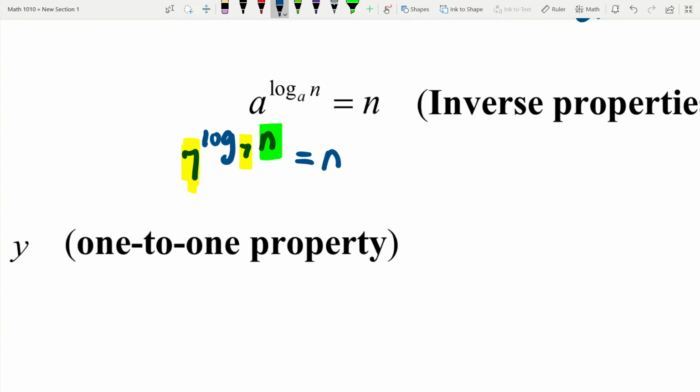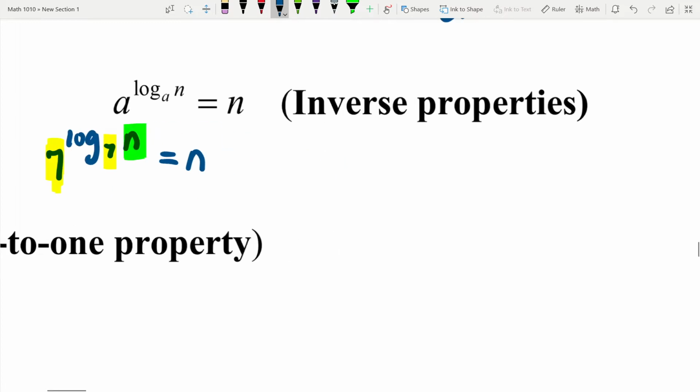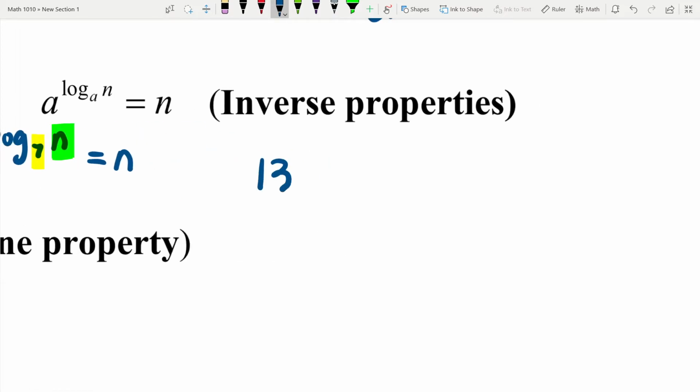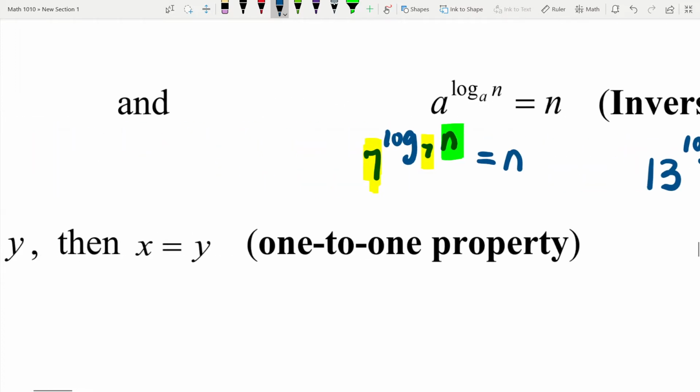So that answer would be n. Okay, I'm going to do another one. 13 raised to the log base 13 of 2r. Can anybody tell me what that's equal to? 2r. Do you see how easy this is? It's just a whole bunch of rules that you have to memorize. You don't know the rules, you can't do it. You get confused. You know the rules, you can do it. Everything's great.